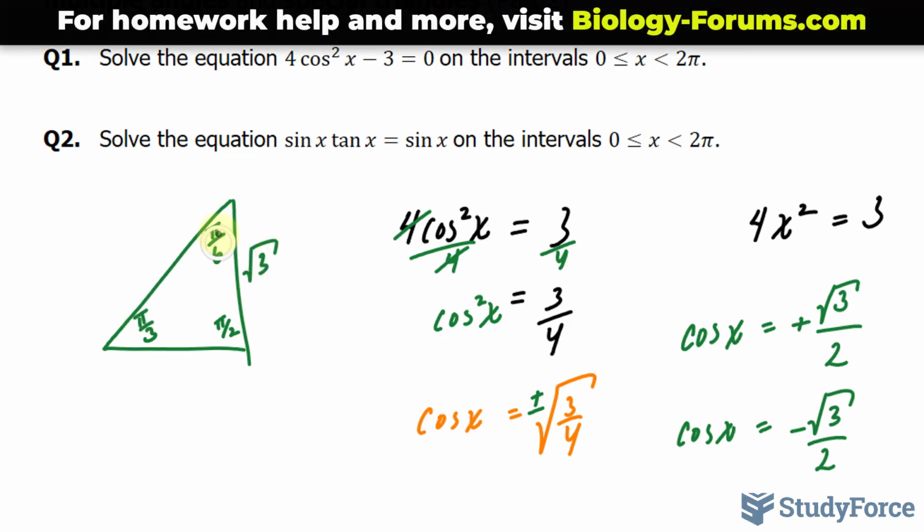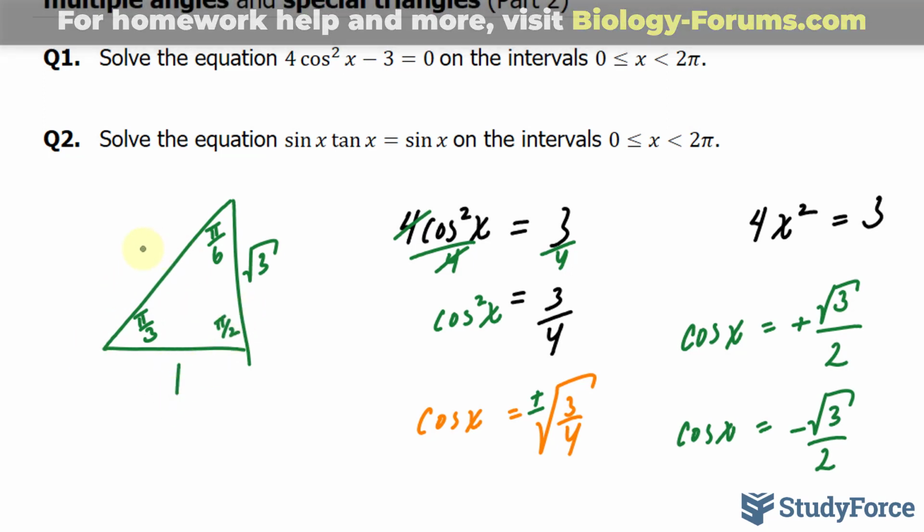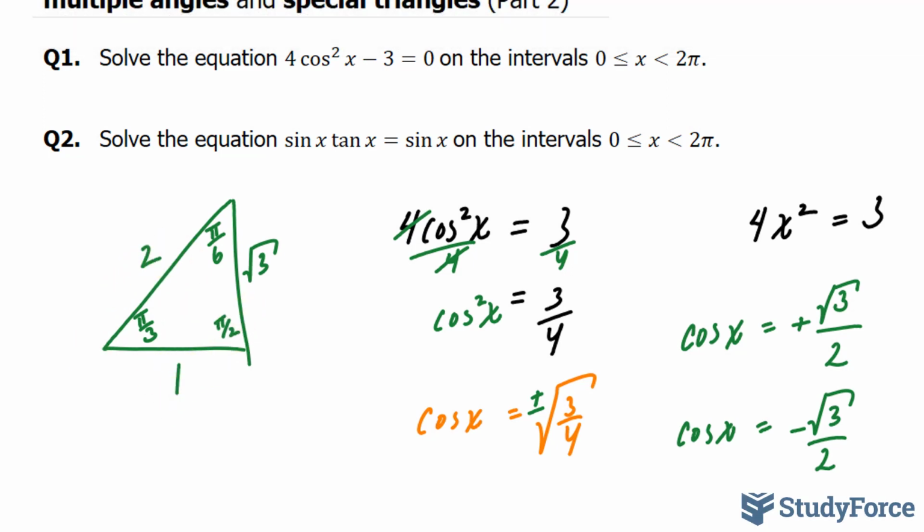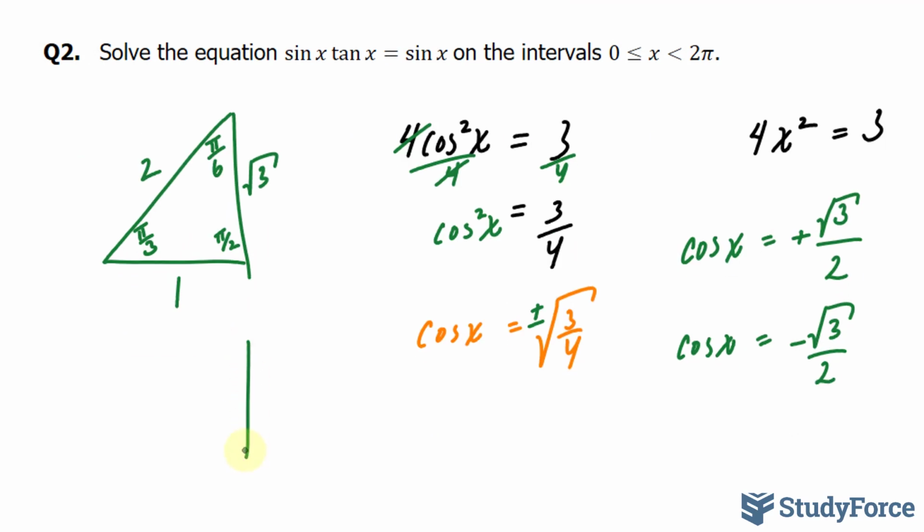And the side across the smaller angle is 1. The hypotenuse is 2. Also, cosine is positive, if you look at the CAST rule, here, represented by all, and here. It's negative here and here. This means that we're going to have up to 4 angles that represent this equation.